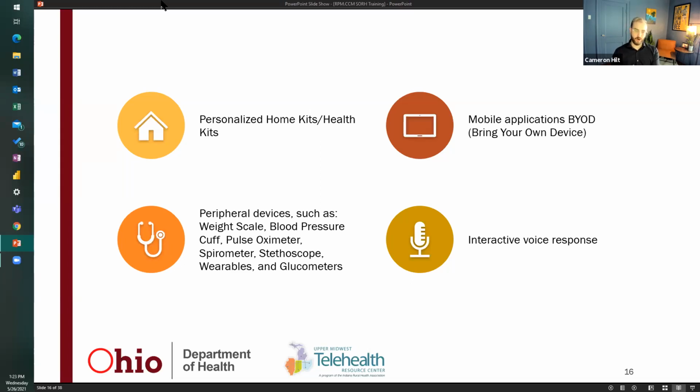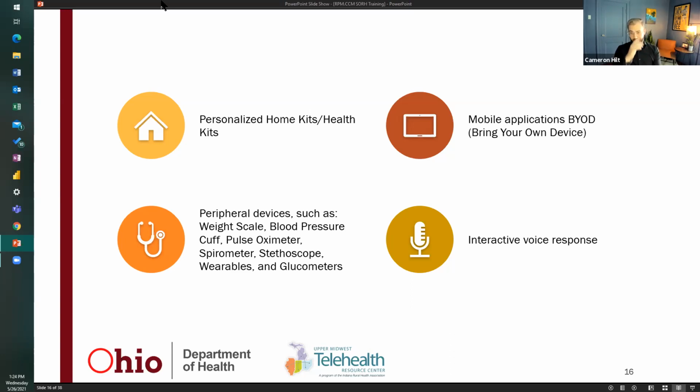So let's say you want to work with a diabetic population, you may send them home with a weight scale and a glucometer. So it's catered towards the patient and specifically what biometric values you want to collect and analyze. But they're all sent in a kit that ultimately will go home with the patient.